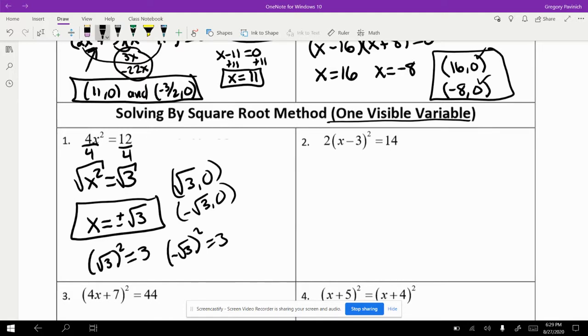Okay, next one. I'm going to divide, not distribute. Square root to get rid of the square. x minus 3 equals, yes, plus or minus the square root of 7. And then I'm going to add 3.